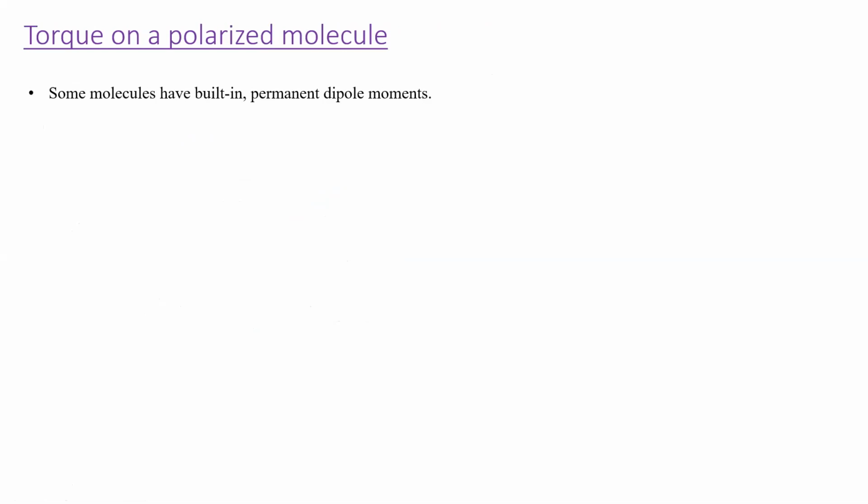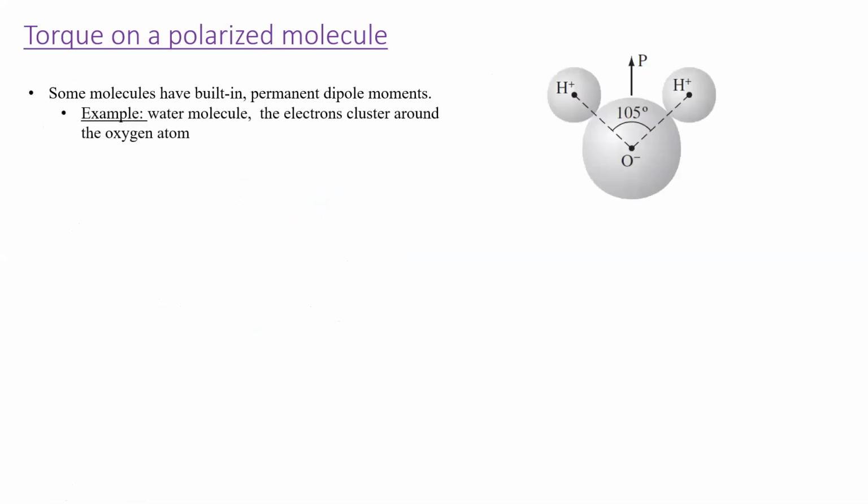Some molecules, as we talked about in the last lecture with water, have a built-in permanent dipole moment, just because of the way the electron orbitals are arranged. For example, in water, the electrons cluster around the oxygen, which is negative, and stay away from the hydrogens. So we have a dipole moment pointing straight upward.